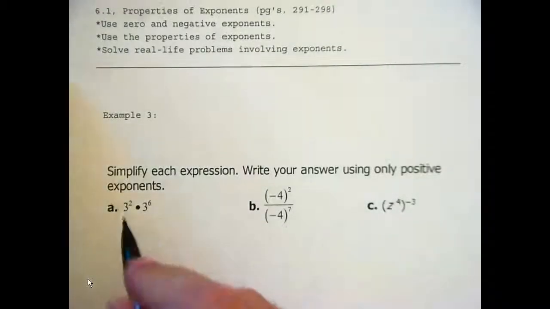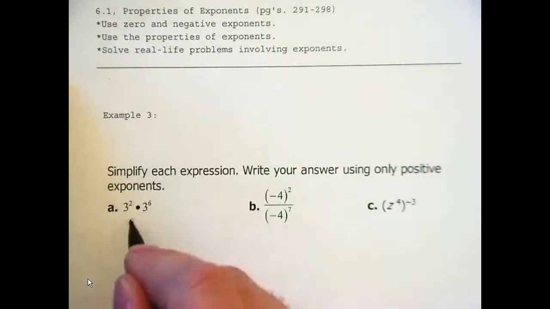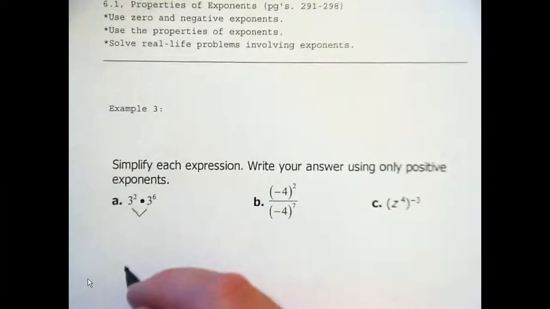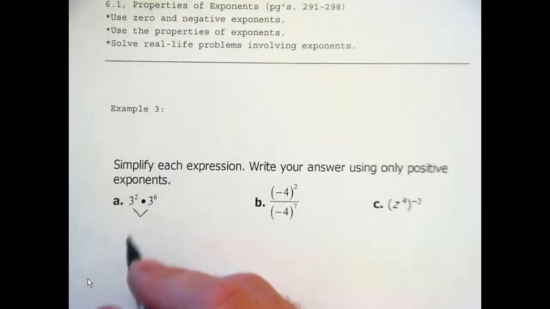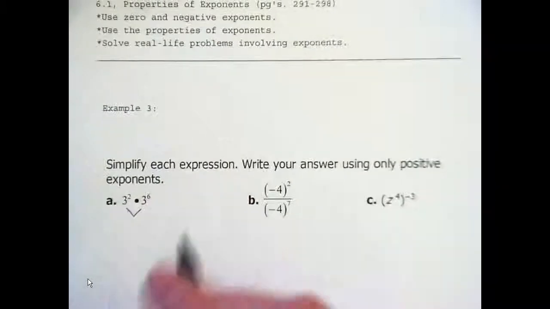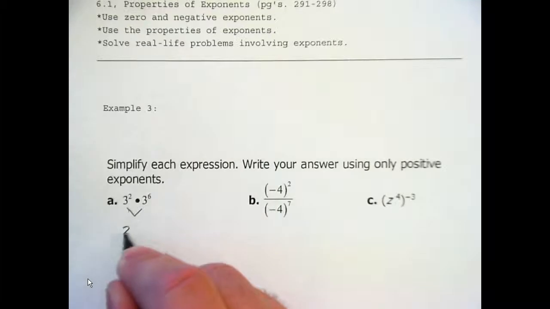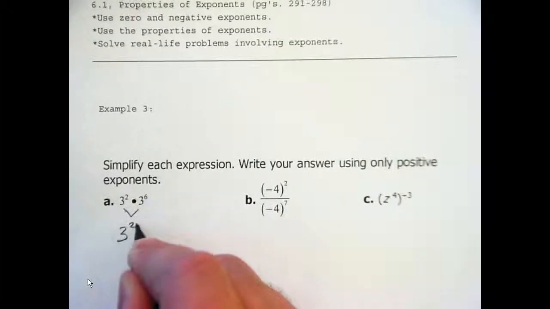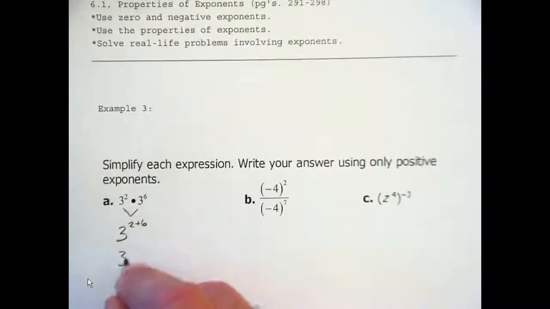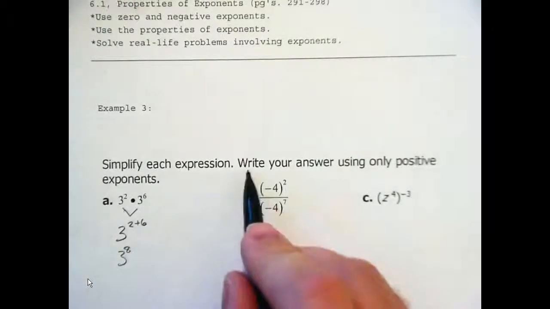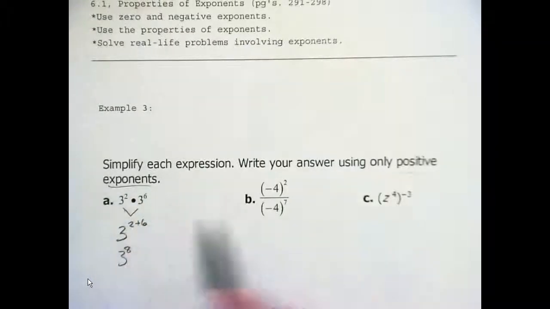Okay, so 3 squared times 3 to the 6. What do we get? Remember yesterday we did this in our exploration. What was the shortcut we came up with? Yes, Sarah? Good. If the base is the same, you add the exponents. So it's 3 to the 2 plus 6, which is 3 to the 8. Okay? And it says write your answer using only positive exponents.